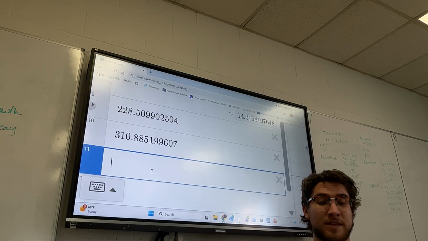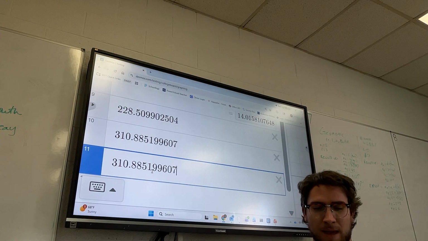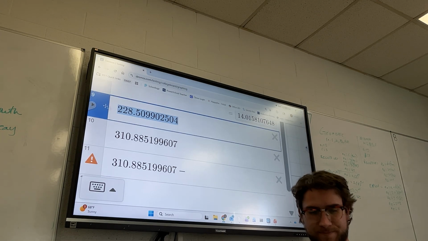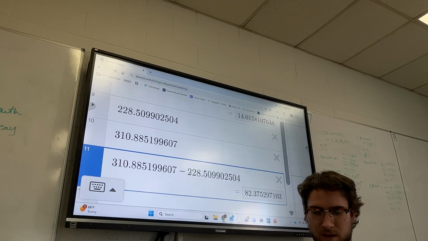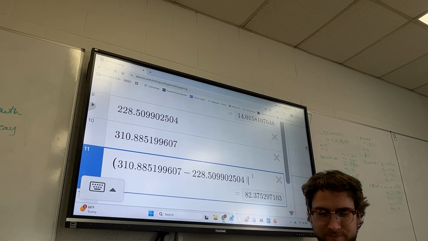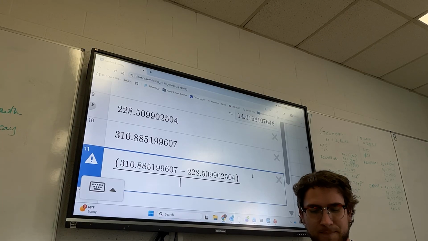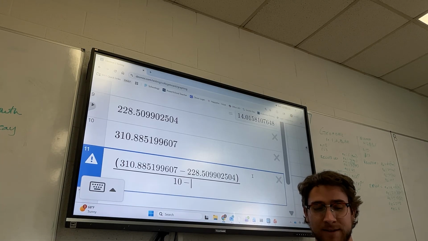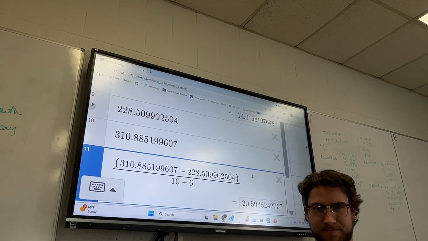From there, we're going to do the same thing we did last time. Our y2 minus our y1, all of that put in parentheses and divided by 10 minus 6.